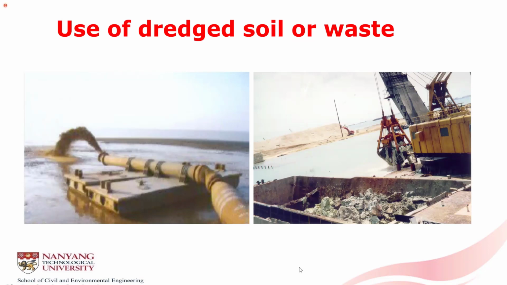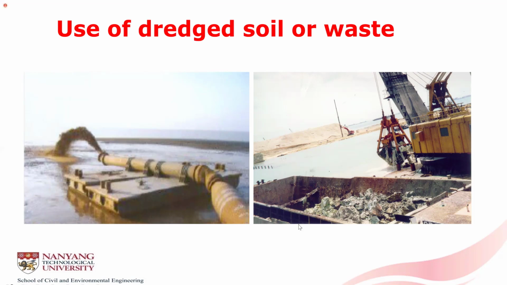However, in recent years, there is a shortage of sand fill materials, so we will have to use seabed marine clay dredged from the sea as fill materials, or using waste as fill materials. If you are using dredged materials, there are 2 ways.